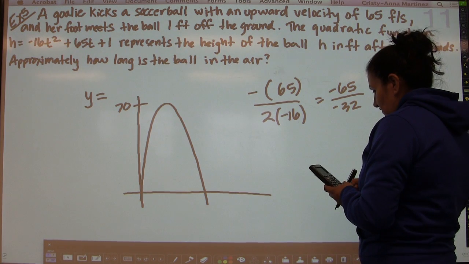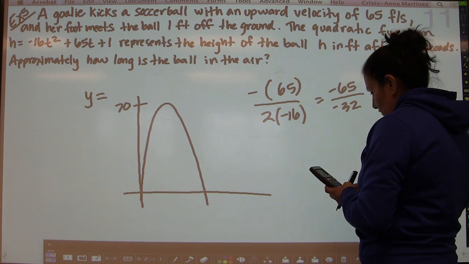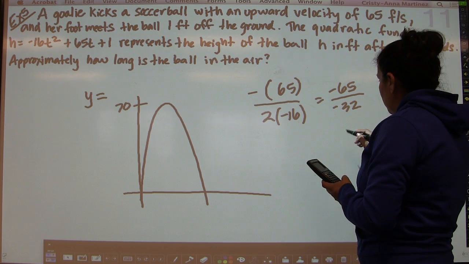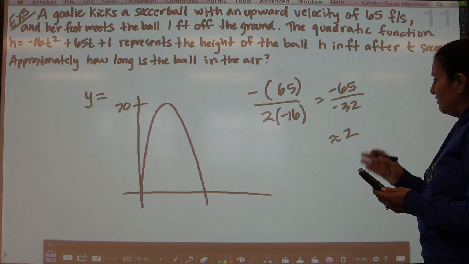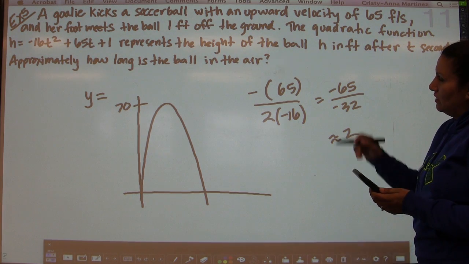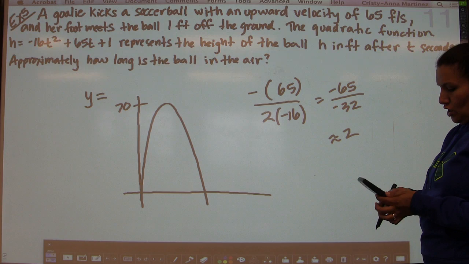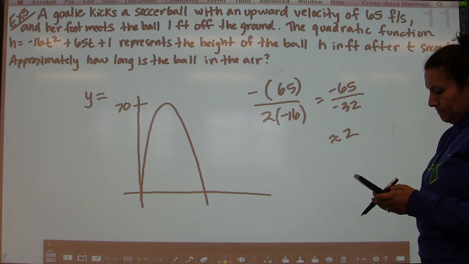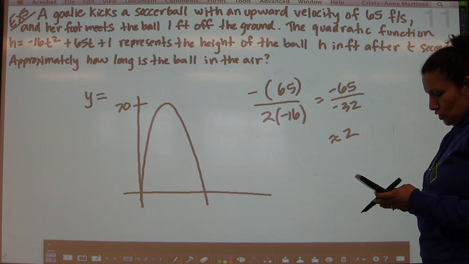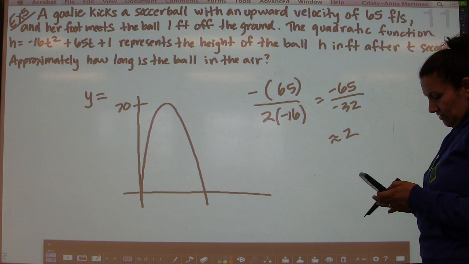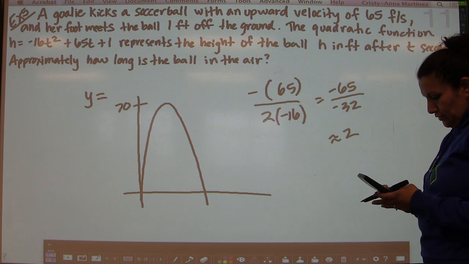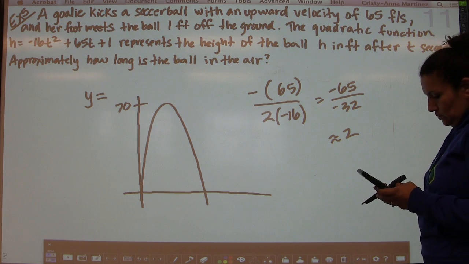So negative 65 divided by negative 32 is basically 2. It's approximately 2. When you plug this number into the equation to find out the height, you're going to get negative 16 times your answer squared plus 65 times my answer plus 1.